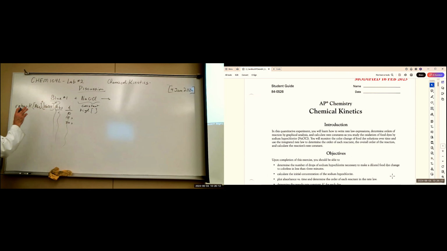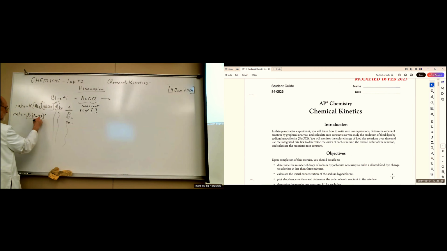Now, because this is set as constant, it's so high that it's constant, then what we're actually doing for this part right here is we're taking this constant and combining it with this one, which is essentially constant.